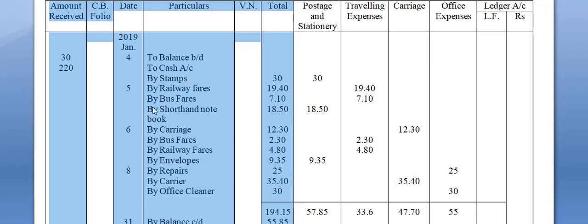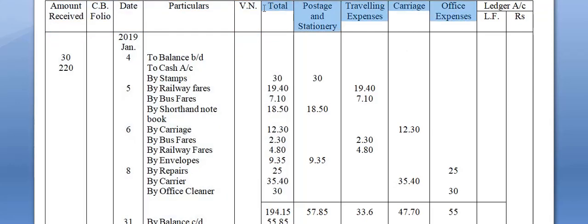From this simple petty cash book, we won't be able to explain how much is paid for these expenses separately. But if we prepare an analytical table out here, then we will be able to explain easily how much money was paid for each type of expense, separately.